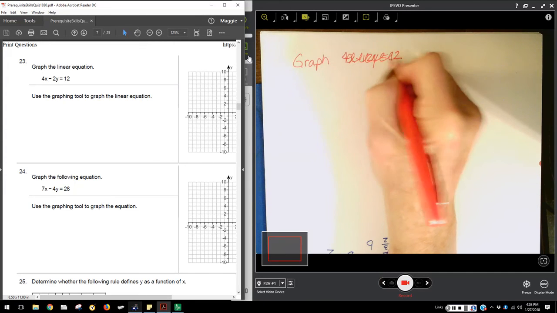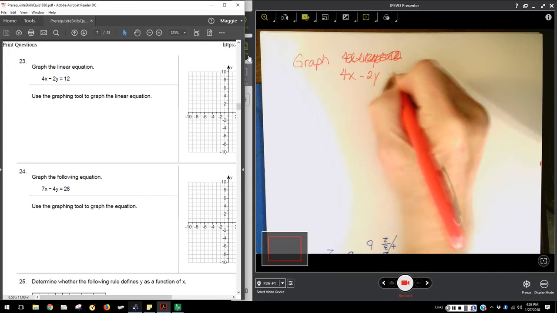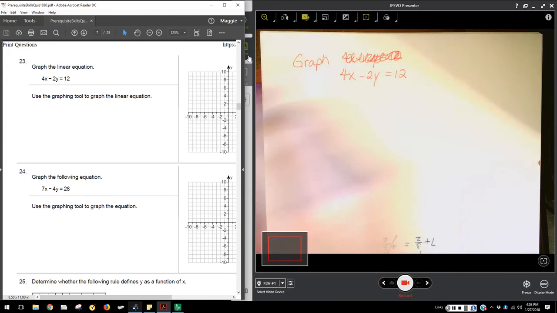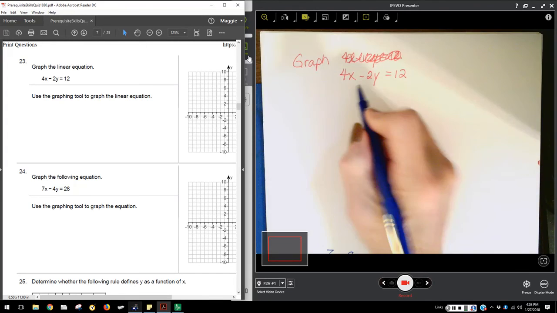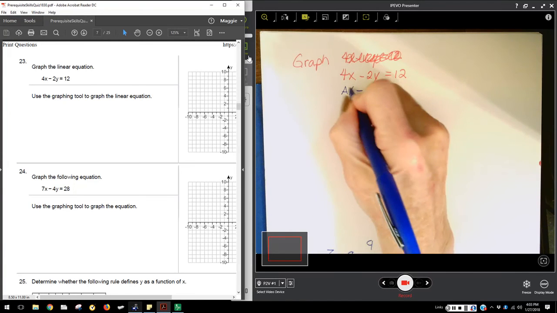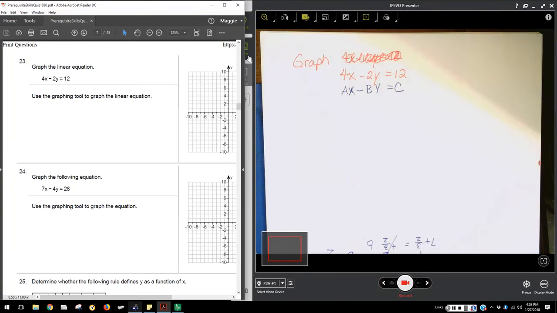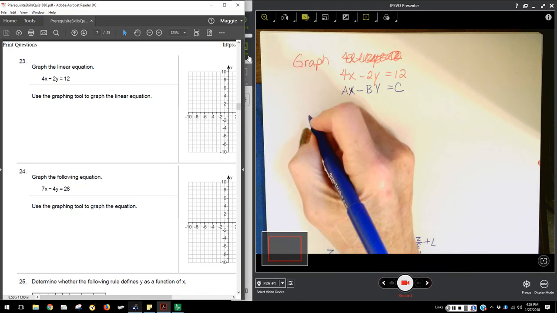Let me at least start from the right problem: 4x minus 2y equals 12. If you have an equation in standard form, the easiest way to graph that equation, if you're going to do it by hand, is to find its x and y intercepts.